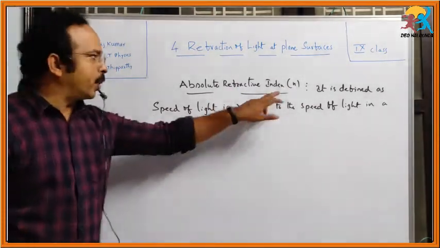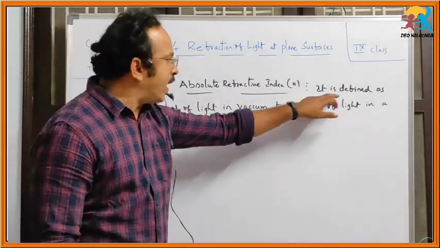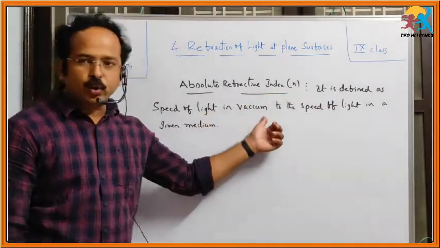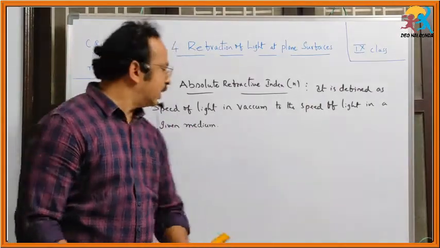Absolute refractive index is denoted by the letter n. It is defined as the speed of light in vacuum to the speed of light in a given medium.